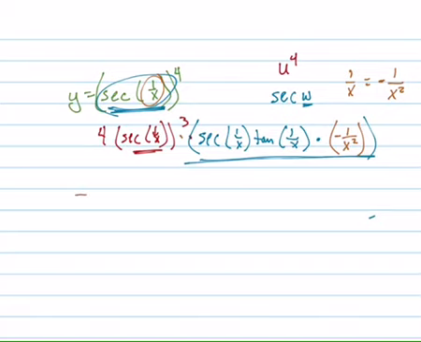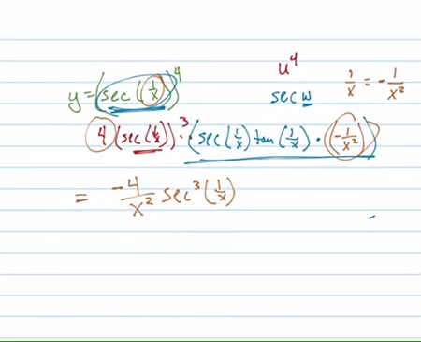To clean that up, I'm going to take these and put them out front. So I have negative 4 over x squared times secant cubed of 1 over x. That just looks better to write it like that. Put the 3 next to the secant, times secant of 1 over x times tangent of 1 over x.